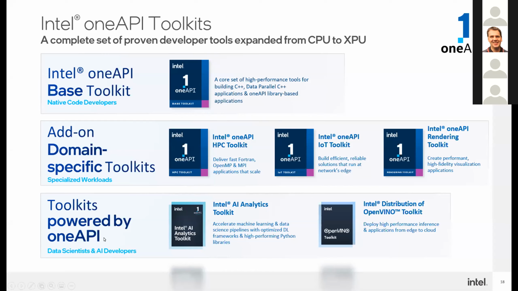On top, we have a couple of toolkits also powered by oneAPI. So there's an AI analytics toolkit. In a nutshell, it includes optimized deep learning frameworks like PyTorch and TensorFlow.